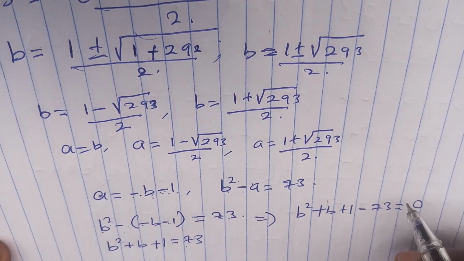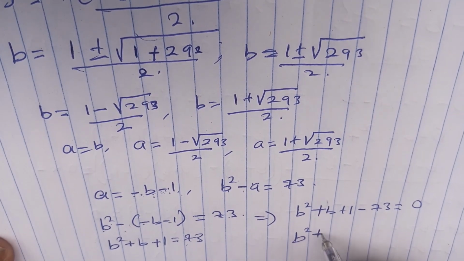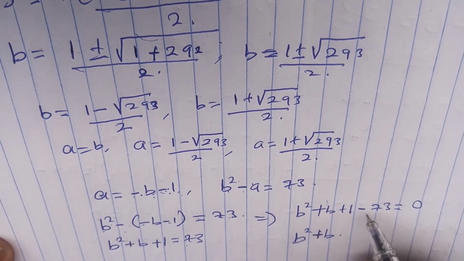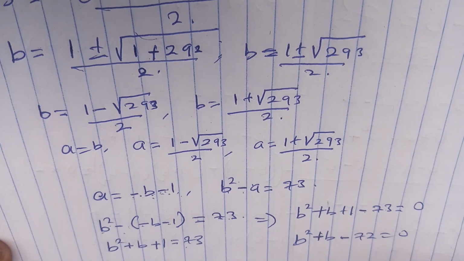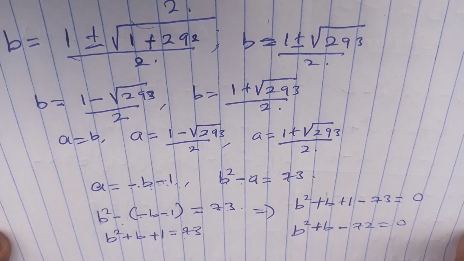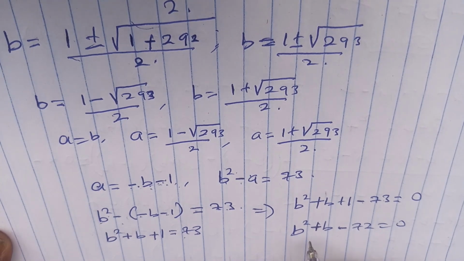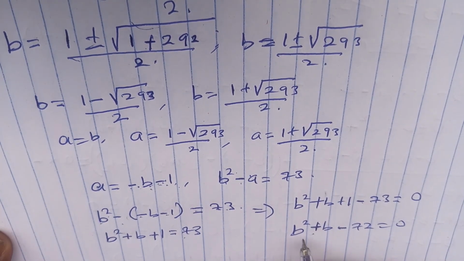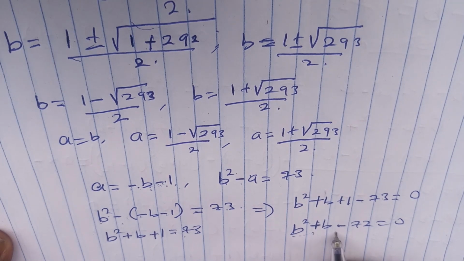So since we've done this, we can say b square plus b, 1 minus 73 is going to give us a negative 72 is equals to 0. So since we've done this, what are we simply going to do? We can easily solve this quadratic equation using the factorization method.